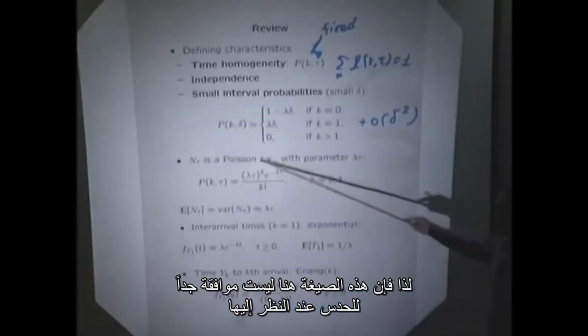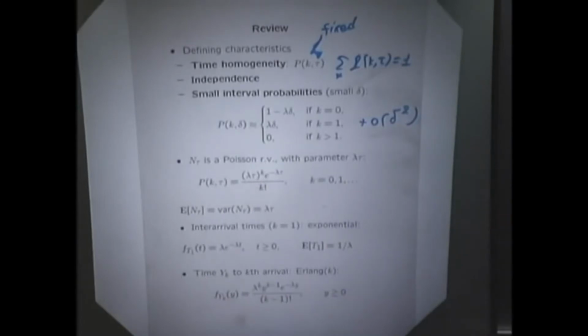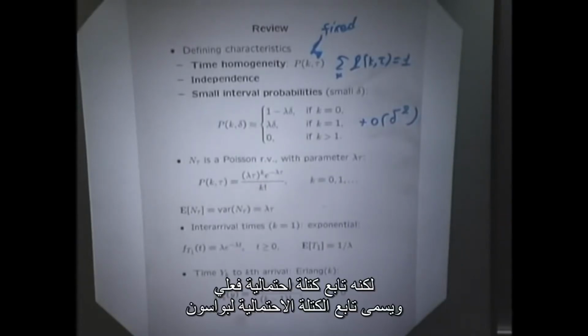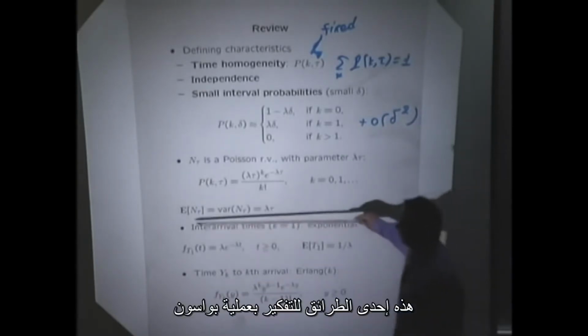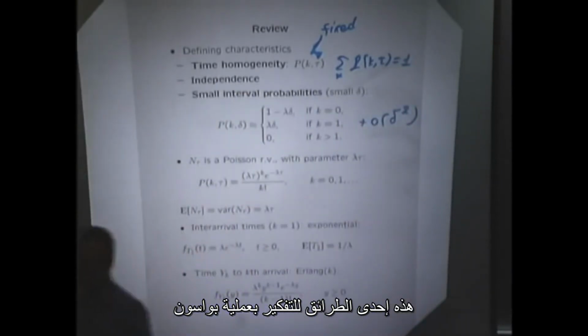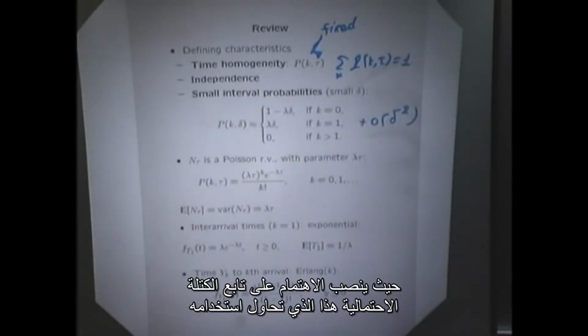So this particular formula here is not very intuitive when you look at it, but it's a legitimate PMF, and it's called the Poisson PMF. It's the PMF that describes the number of arrivals. So that's one way of thinking about the Poisson process, where the basic object of interest would be this PMF, and you try to work with it.